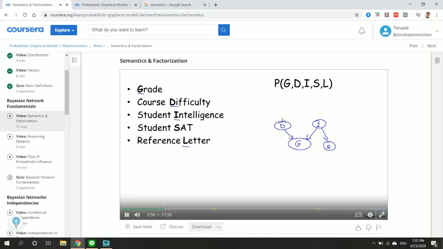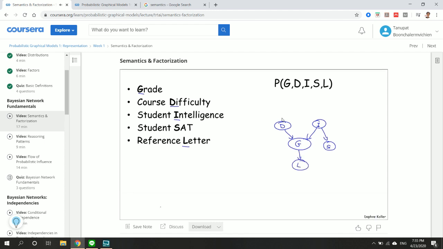And finally, caricaturing the way in which instructors write recommendation letters, we're going to assume that the quality of the letter depends only on the student's grade. The professor is teaching 600 students, or maybe 100,000 online students, so the only thing one can say about the student is by looking at their actual grade record, and so regardless of anything else, the quality of the letter depends only on the grade.